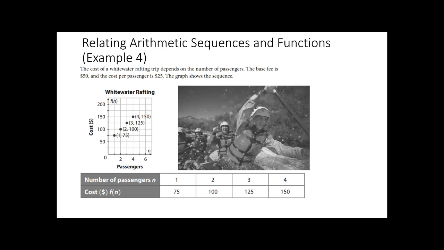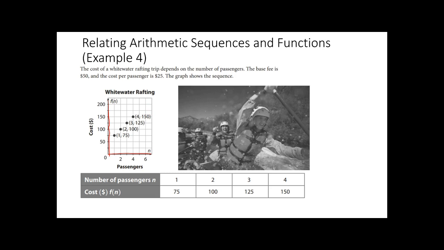Now, if we look at this situation, the cost of a whitewater rafting trip depends on the number of passengers. Okay, so cost depends on the number of passengers. So our passengers will be our independent, and our cost is the dependent. Okay, input output still exists just like with functions, and that's because sequences are very, very similar to functions. Okay, they are functions in several ways.